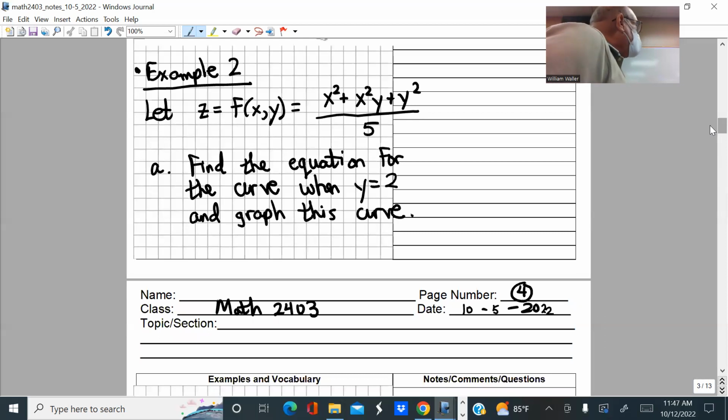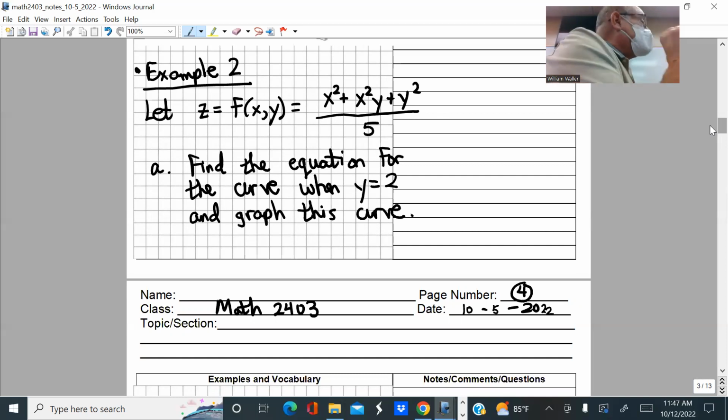So here we have a function, and this really is a function. In this equation, z is a function of x and y. When you graph that function, you're going to get a surface, but we want to know what just a portion of that surface looks like.